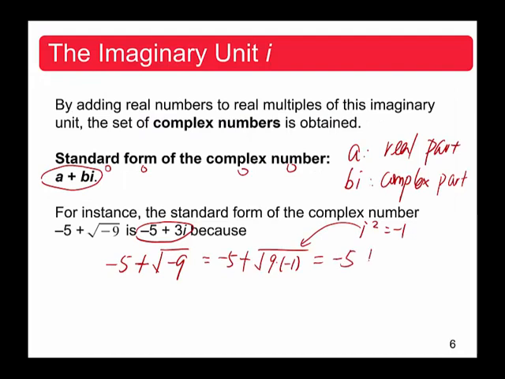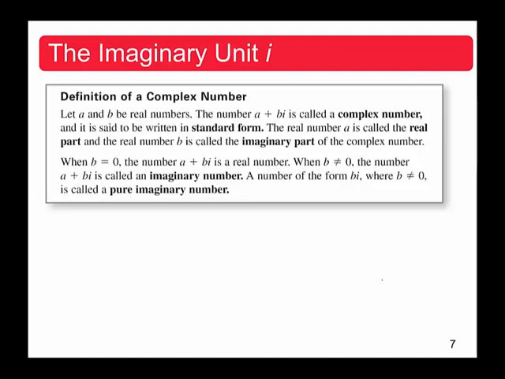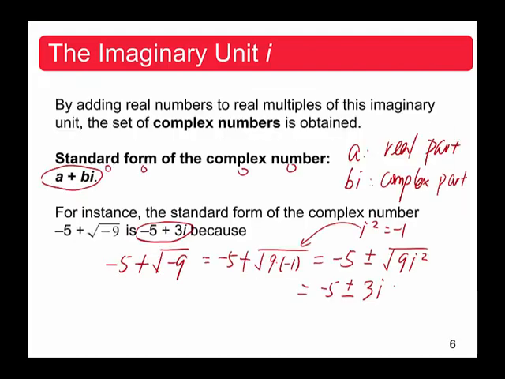Negative 5 plus radical 9 times, negative 1 becomes i squared. Now if you simplify further, getting rid of the radicals, radical 9 becomes 3, radical i squared becomes i. So again, we get a pair of complex solutions.